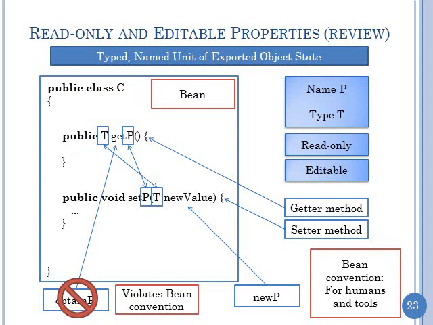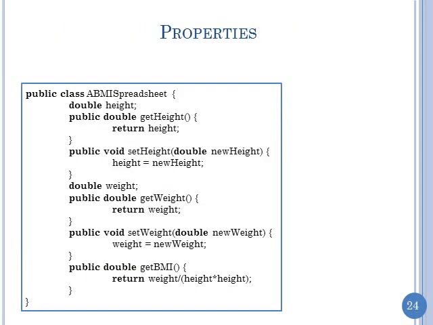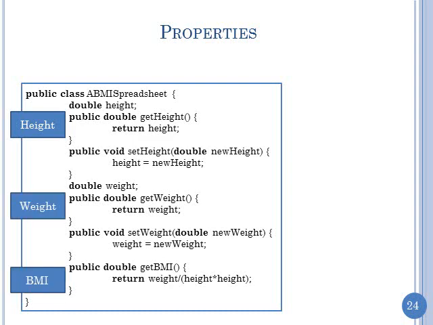Okay. So let's see whether we understand. Let's look at this BMI spreadsheet and classify the properties. Height is a property. What are the other properties we saw last time? Weight and BMI.